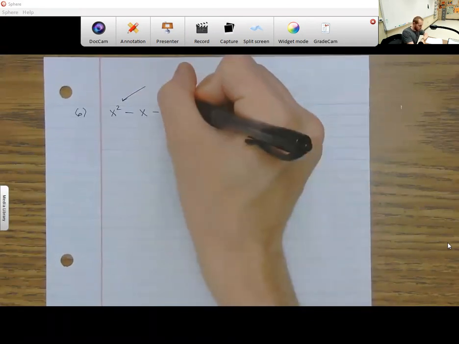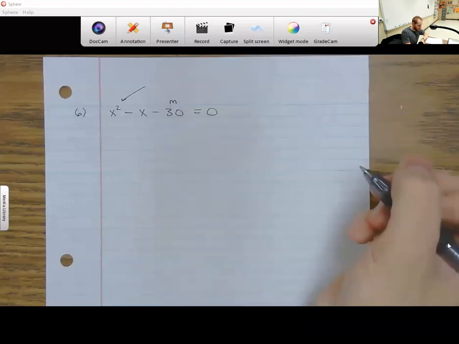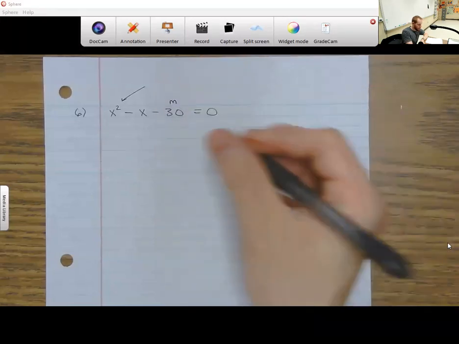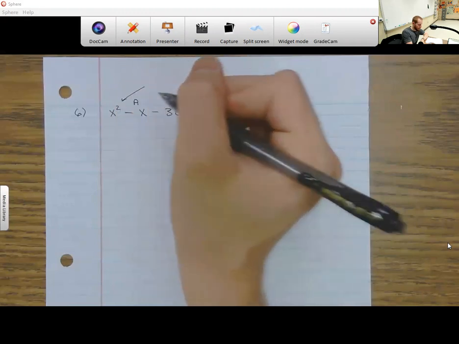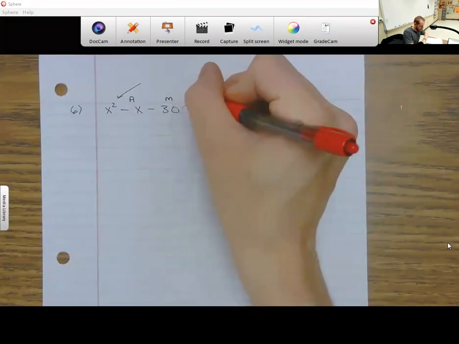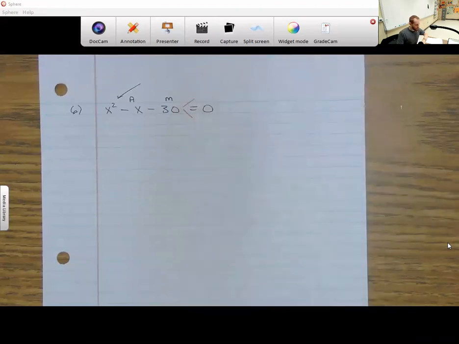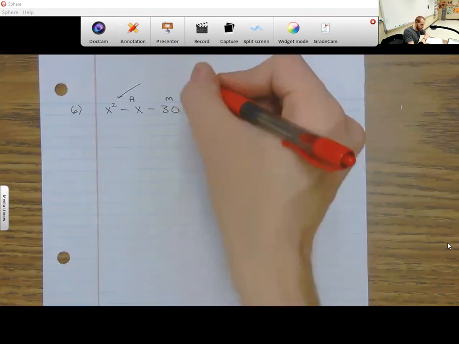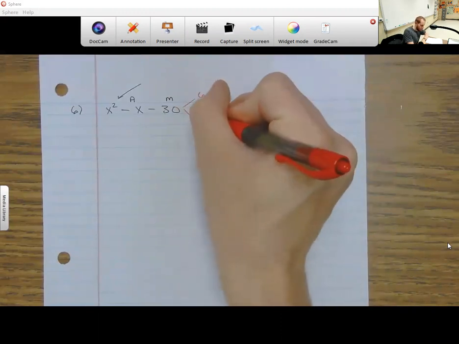So what two numbers will multiply to a negative 30, but at the same time add up to a negative 1? Okay. So I'm trying to add up to a negative 1. That would mean that the two numbers I choose have to be kind of close together, right? So I'm going to choose 6 and 5.